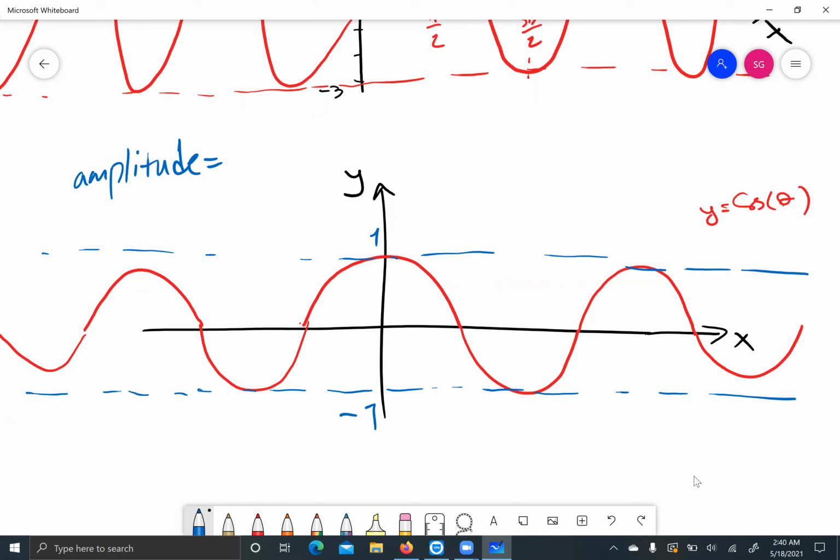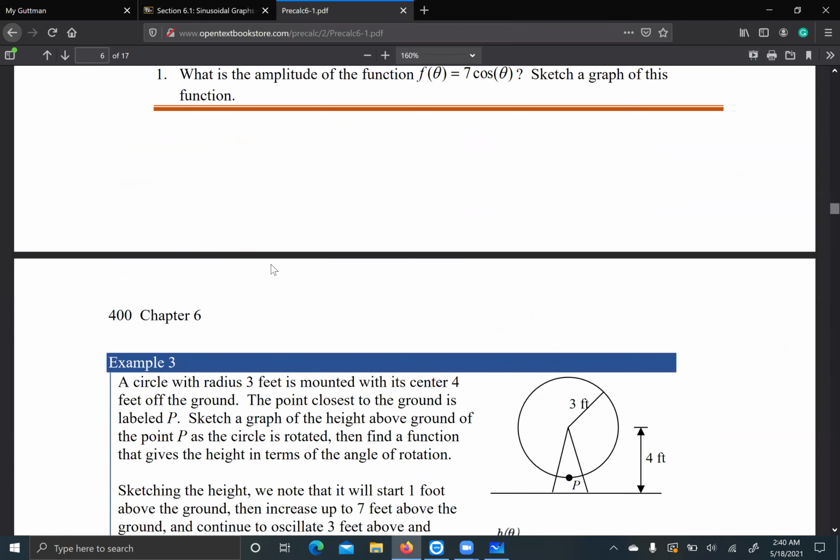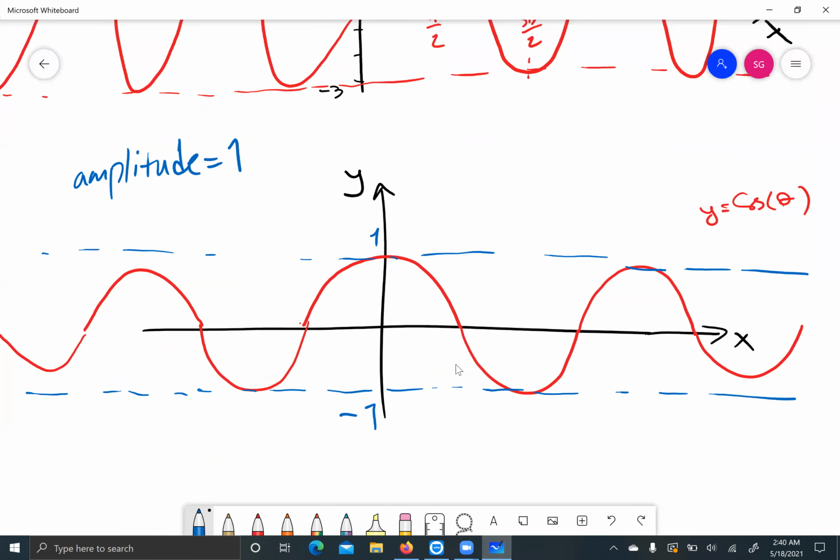So for this graph, the amplitude of this cosine wave is 1, which means that the graph waves between 1 and -1.